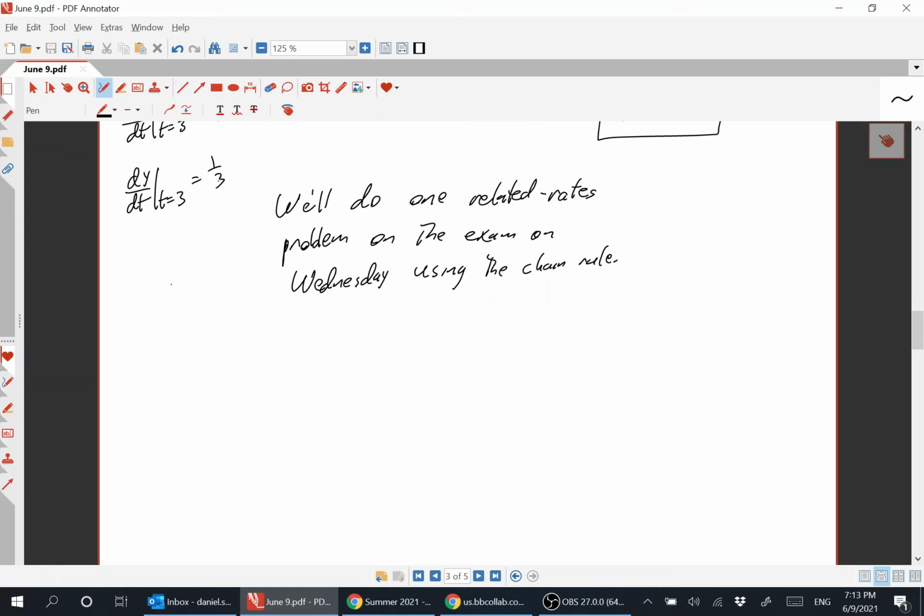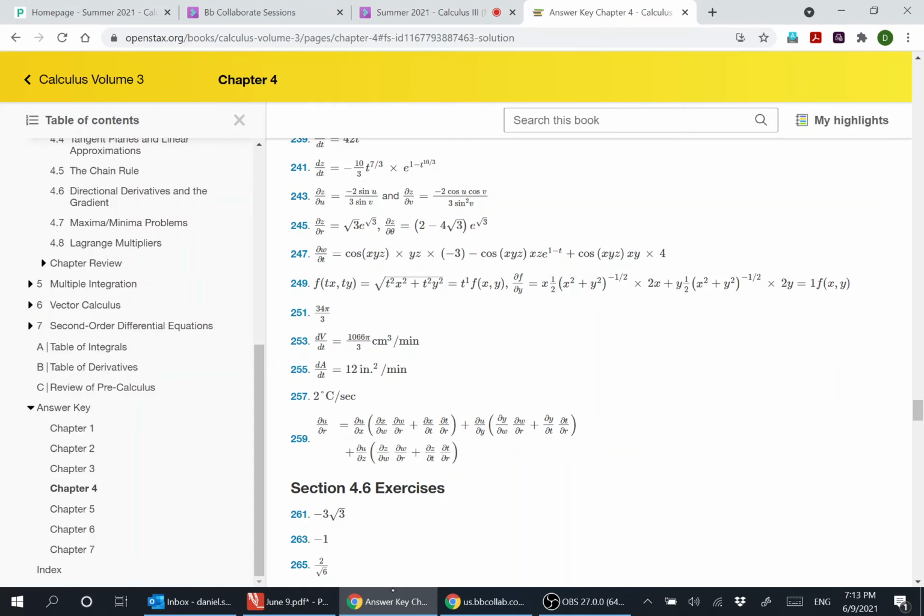All right, section 4.6 on the directional derivative and gradient. So starting with number 262.